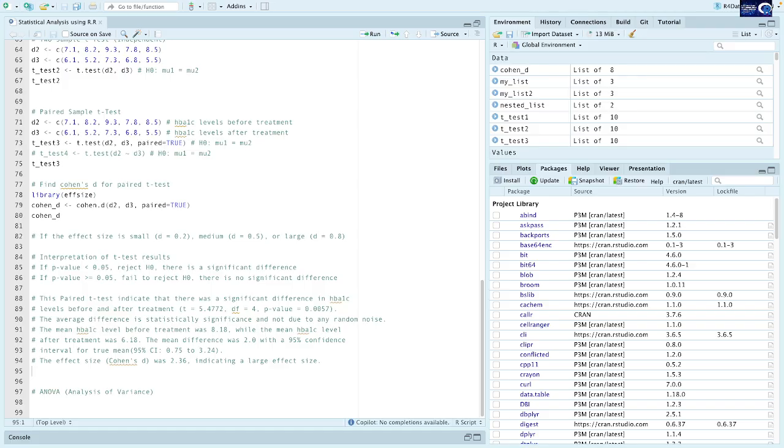So here, this R square is 0.52. The correlation we can calculate.